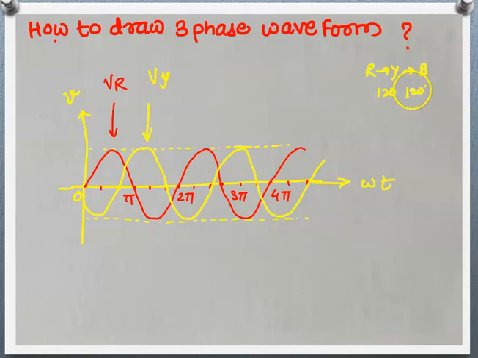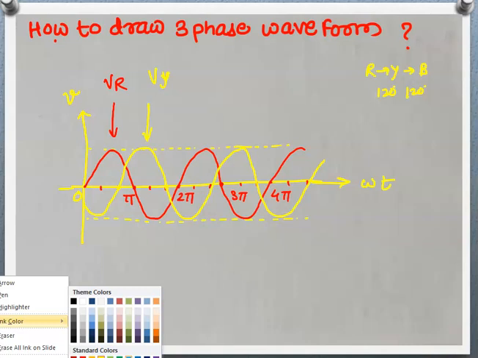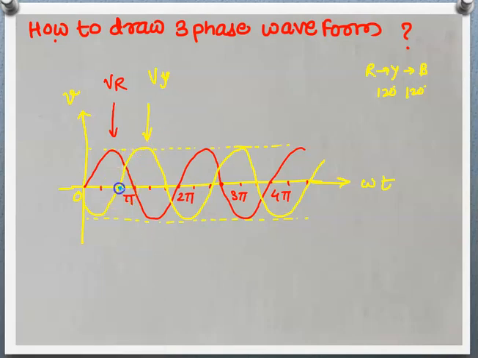Then after Y, 120 degrees later, B is starting. So here Y started after 120 degrees, that means this 60 and this 60. Here B is starting. So draw it. Okay, this is the B phase voltage, and between each two induced EMFs we have a 120 degree phase difference.